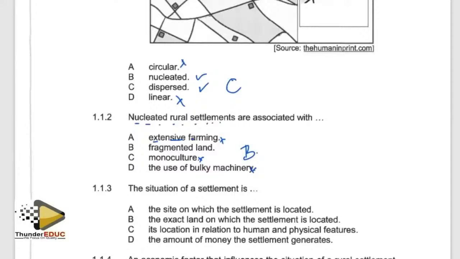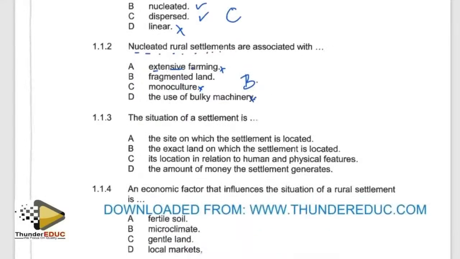The situation of a settlement, what is a situation? Remember, we look at the settlement in relation to the surrounding area. So obviously the answer is going to be C. Next, an economic factor.